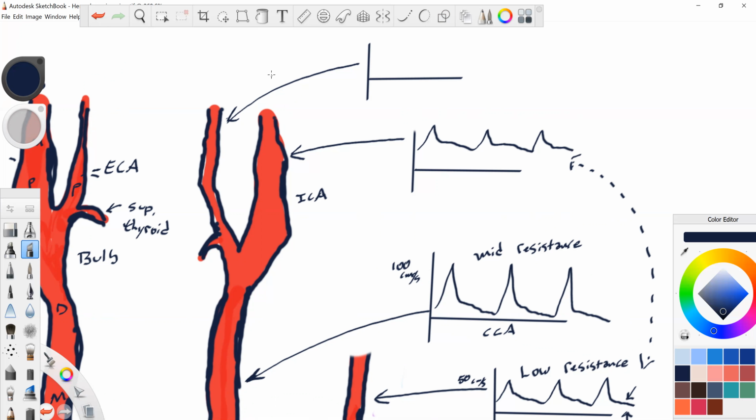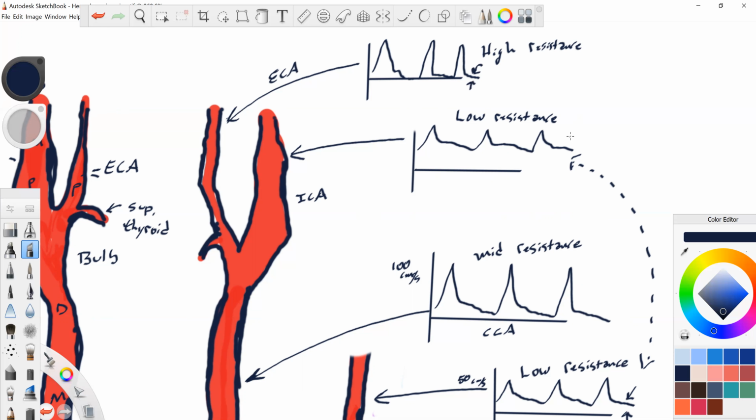The ECA, however, okay, let's write this down again. Low resistance. The ECA, however, is going to have maybe no flow, maybe a tiny bit of flow. That is high resistance. We know it's high resistance by looking at end diastole.